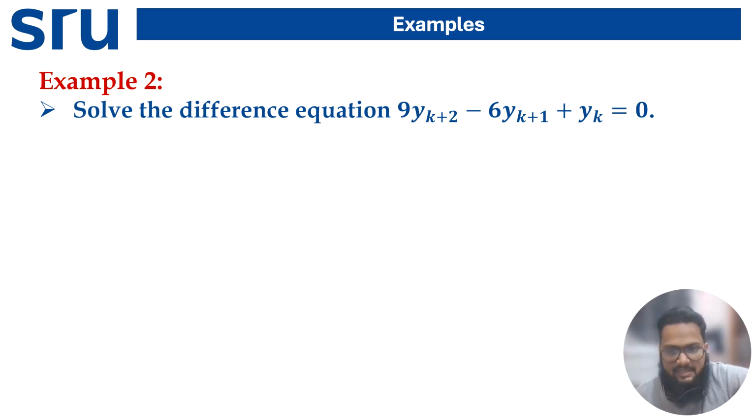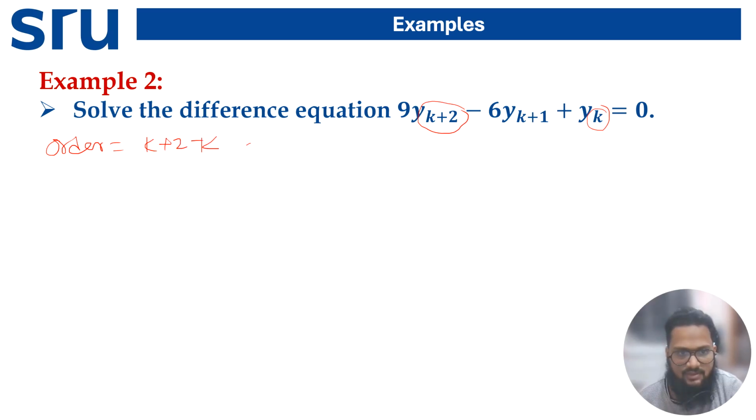Now this is the second example I am taking. So again please see this. Here the highest subscript is k plus 2, here is k. So the order is k plus 2 minus k, so the difference is 2. That means the characteristic equation you will get is second degree.